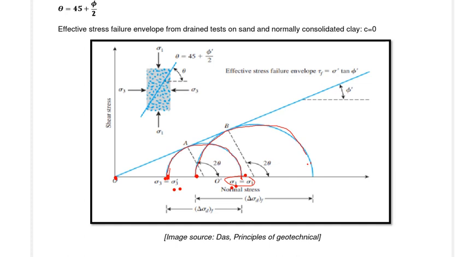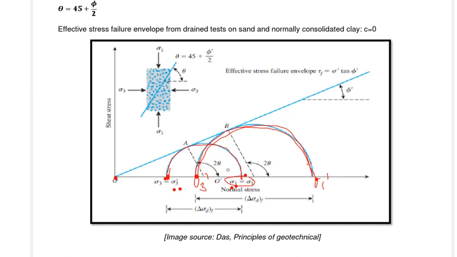So, we will have a larger failure Mohr circle. So, larger. For the second test, we have sigma 3 and sigma 1.